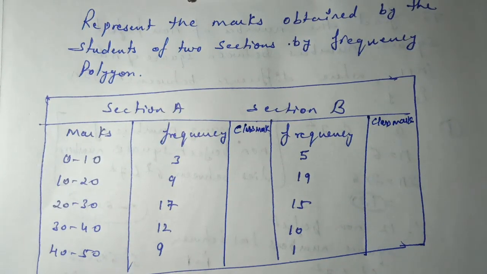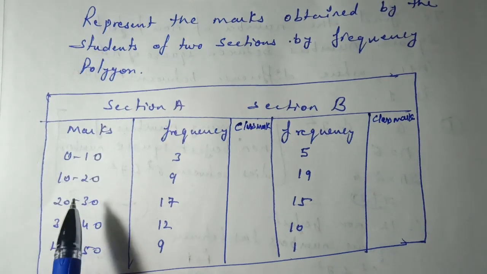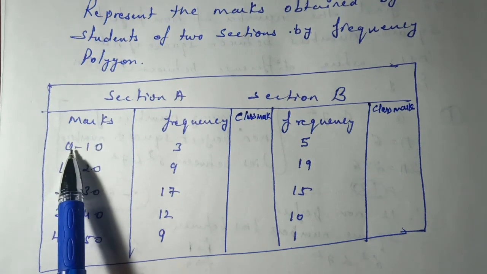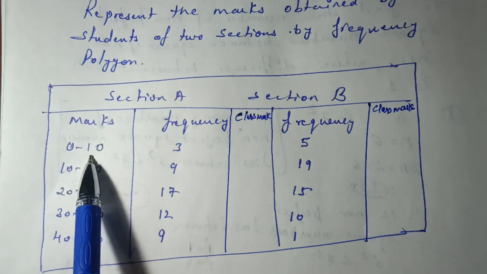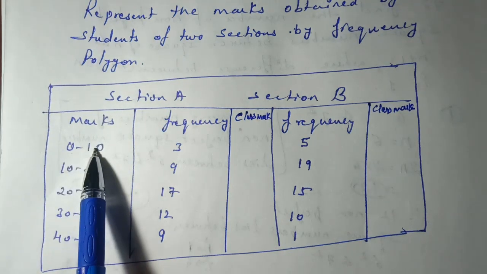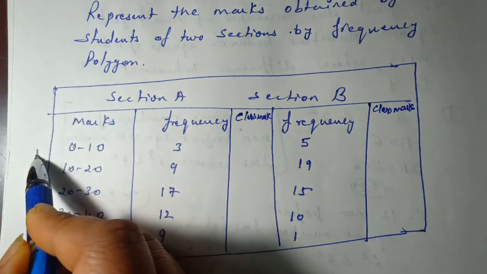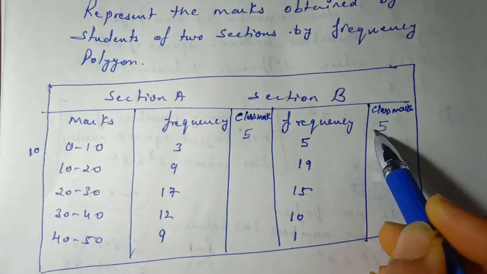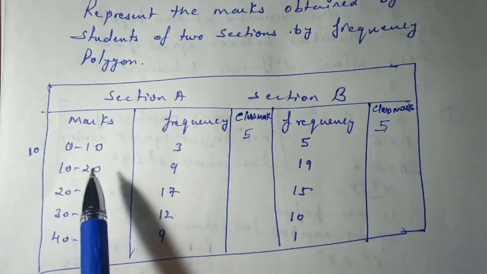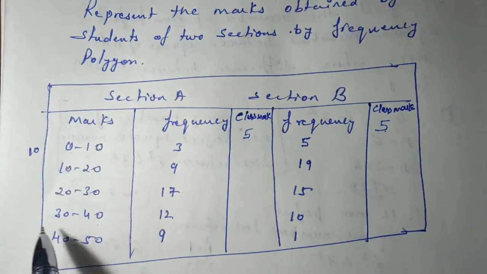So how are we going to find the class mark? For class mark, we have to add both the limits and divide by 2. So 0 plus 10 is equal to 10, and if we divide 10 by 2, it gives 5. So for both of them the class mark will be 5, because the class interval is the same.